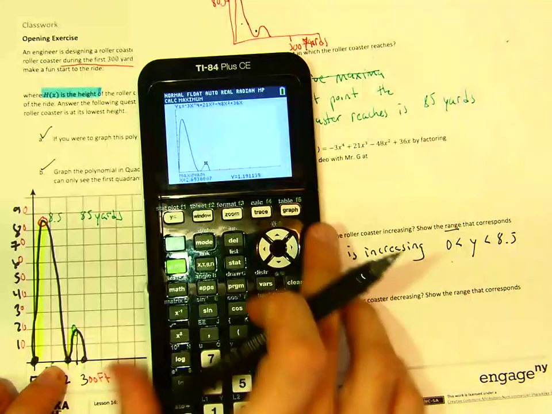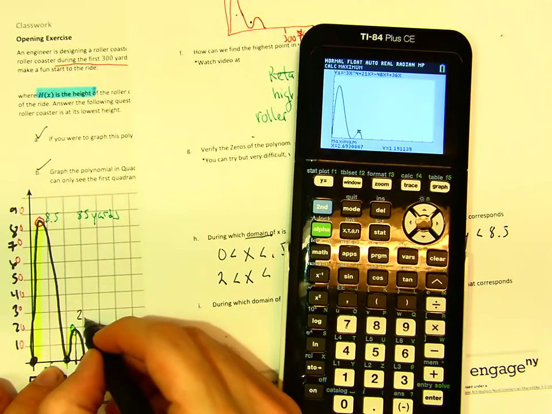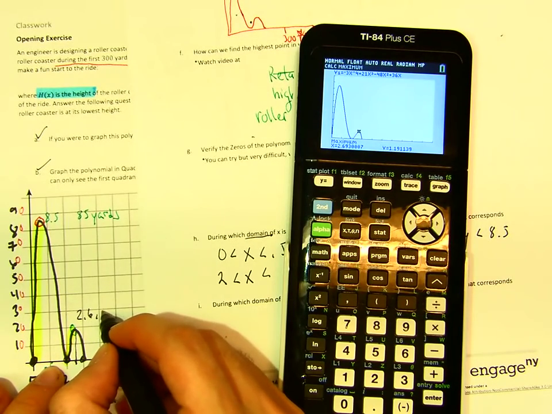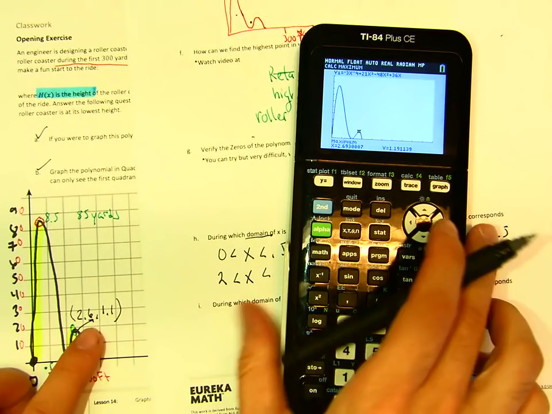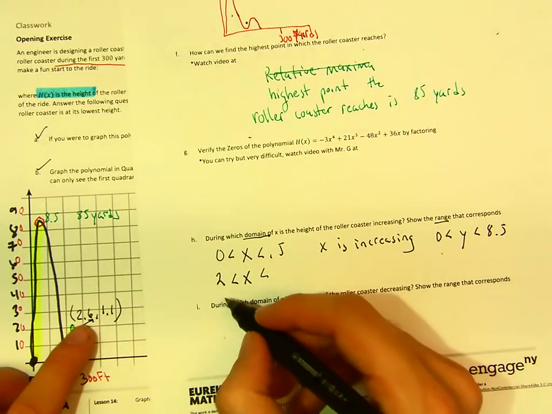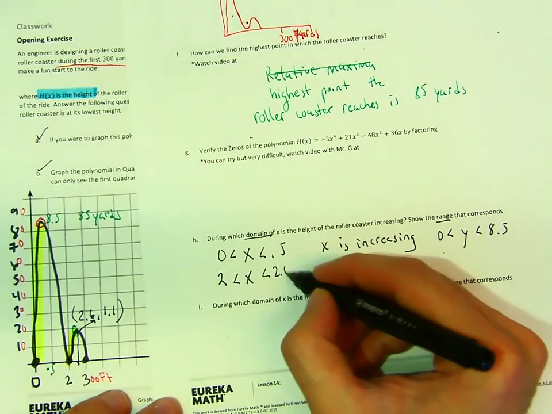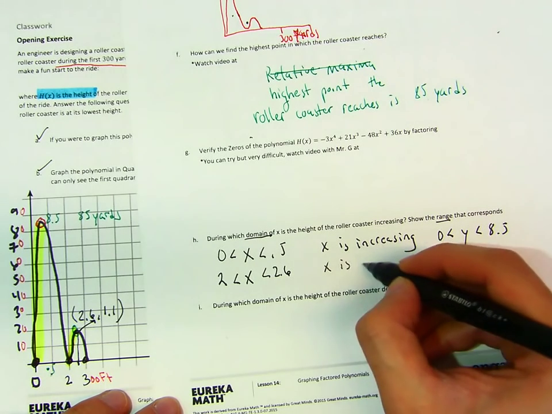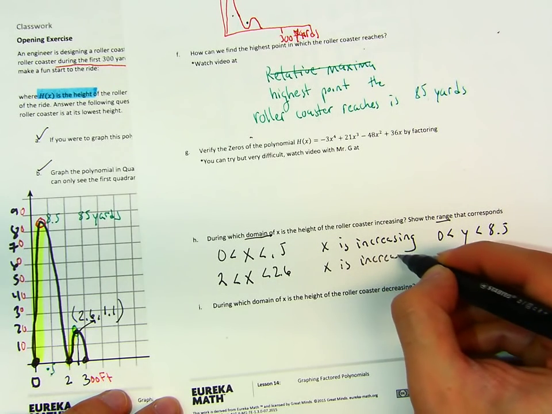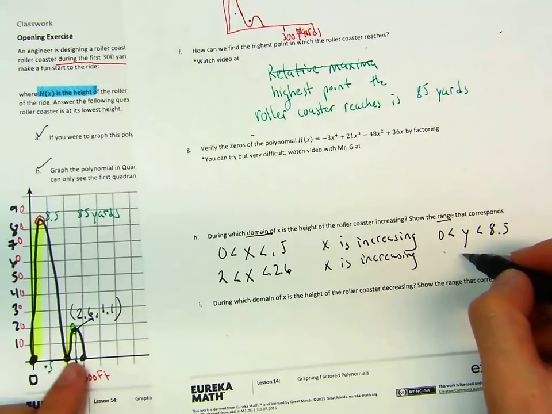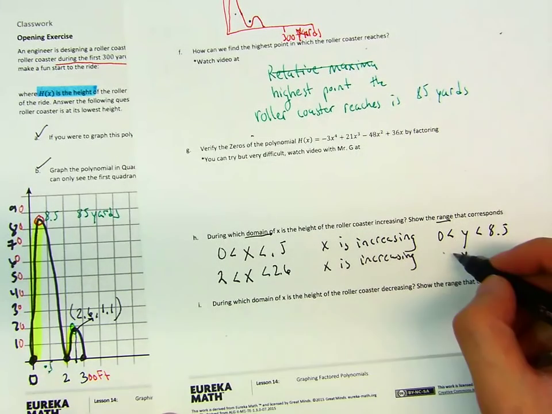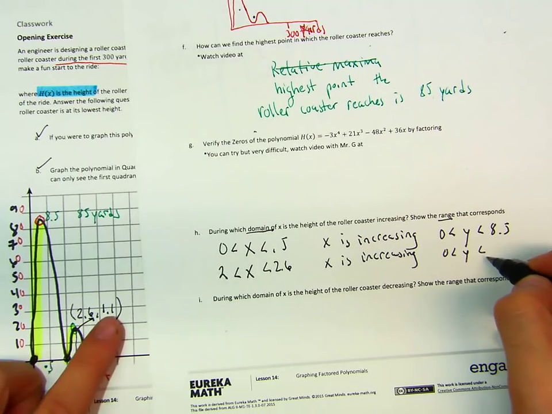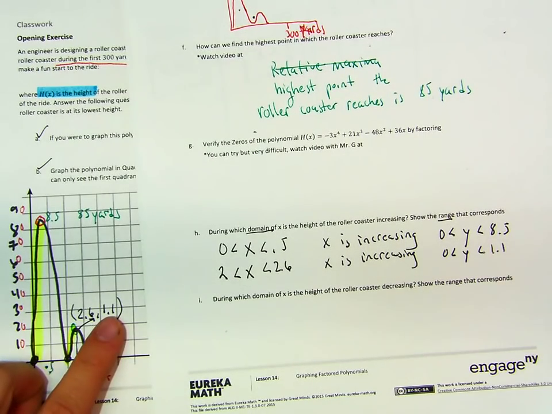So then here, this is 2.6 comma 1.1. That's this point here. And now here, I know that between 2 and 2.6, my x is increasing. And my y value will go from 0 to 1.1. Okay?